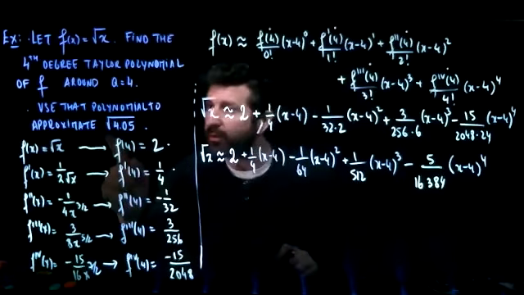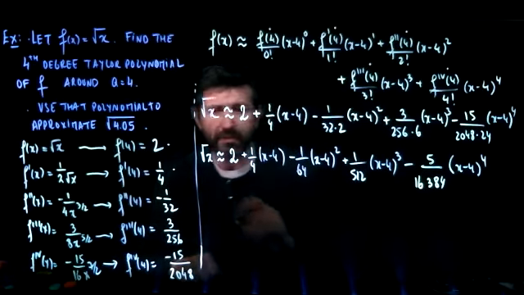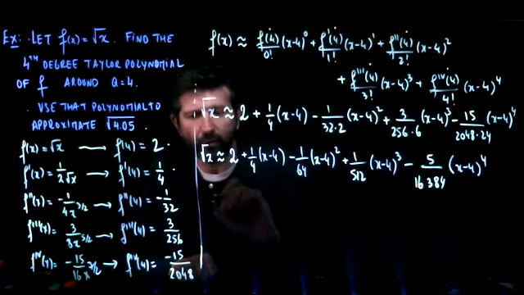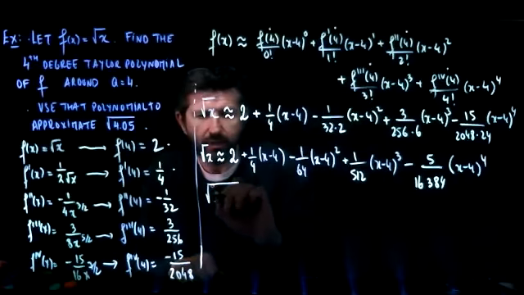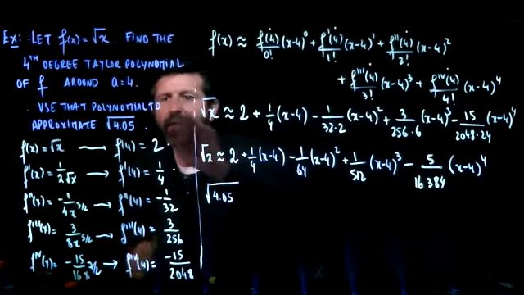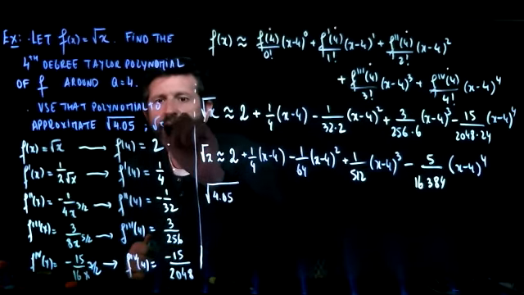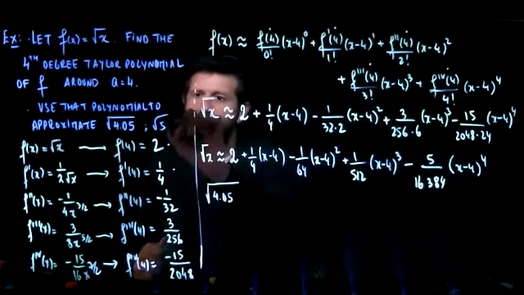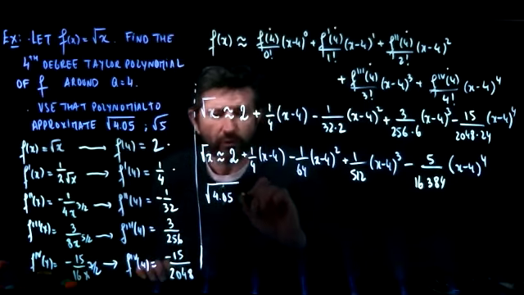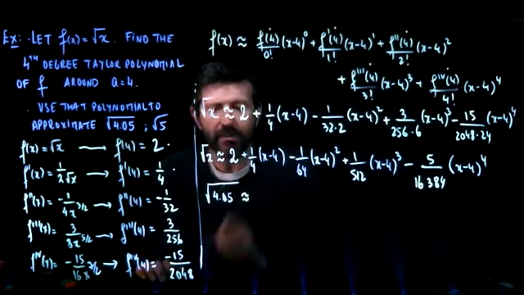The second question is to use this polynomial to approximate the square root of 4.05. So let's do 4.05. Okay, you know what? I'm going to do 2 of them, and even the square root of 5. Let's approximate the square root of 5 as well. So the square root of 4.05 is approximately equal to what?